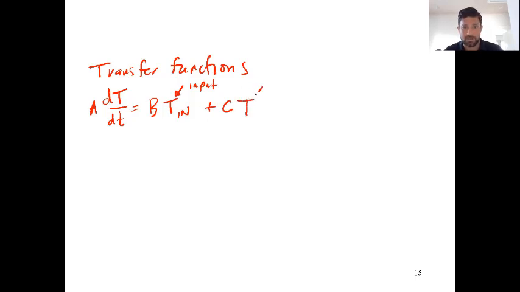And again, this temperature is our output, plus another constant. So here I'm just giving a general equation for what would be a process model.